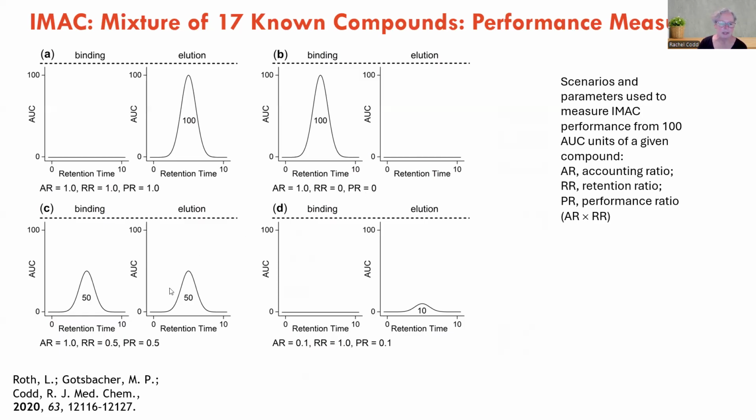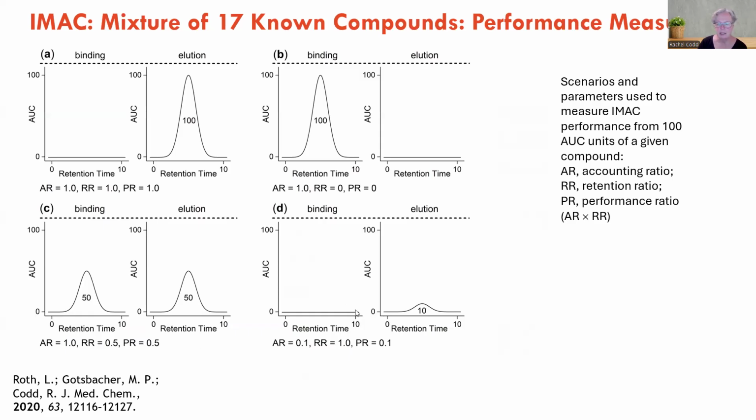We could have, and these other 2 situations show slightly different notions, where we have some binding and we have some elution. So this is a partial affinity. So we can account for all of the compound, but not all of the compound has been retained. And so the performance ratio is reduced.